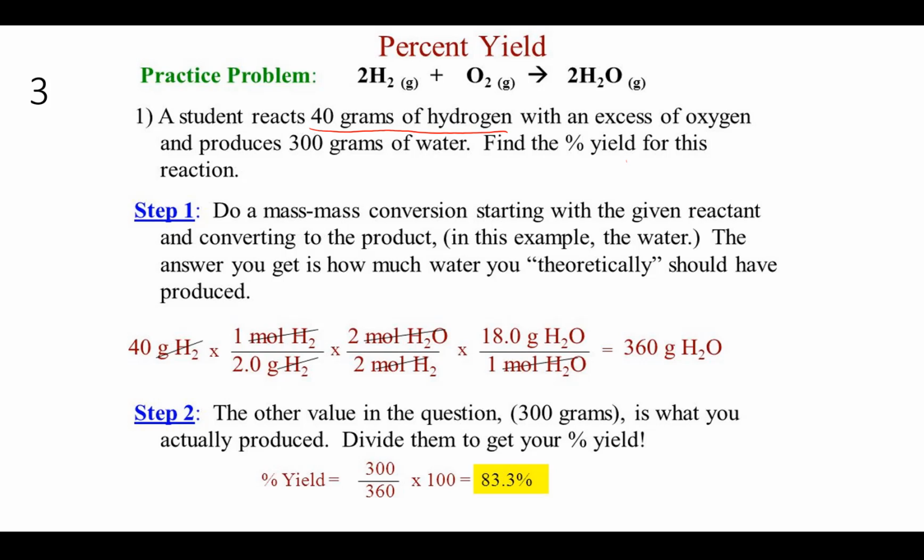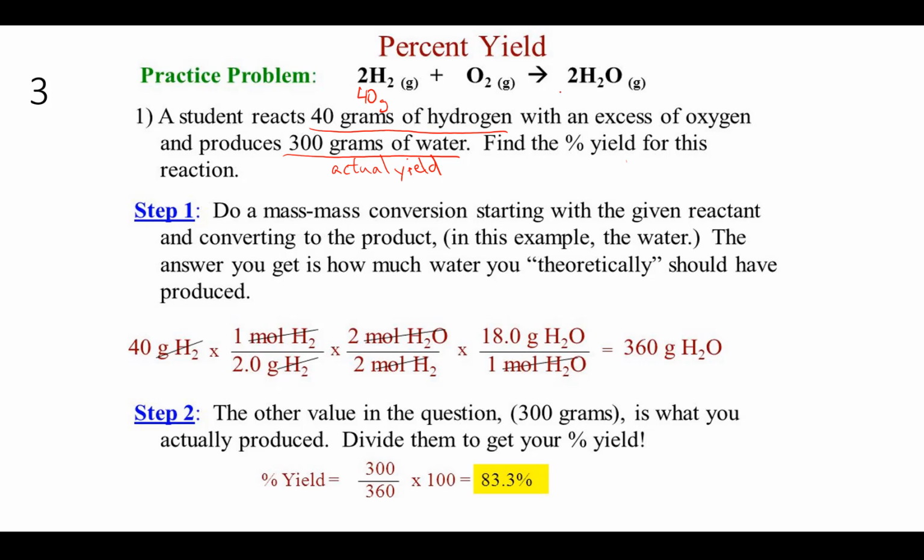Again, to get the percent yield, we need the actual and the theoretical. The actual amount of water we get is 300 grams. So we just need to calculate the theoretical amount of water we would get starting with 40 grams of hydrogen.